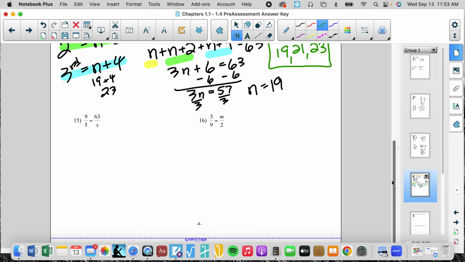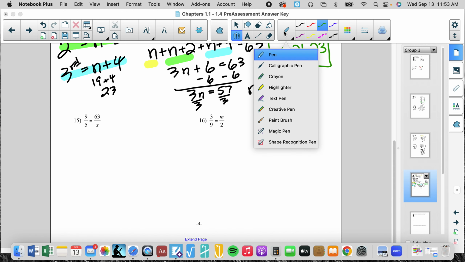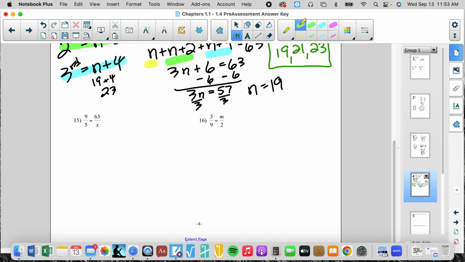We can look proportionally. I'm going to do cross product just so we can stay consistent. I know that equivalent fractions, the product of their numbers across, 9 times x equals 5 times 63.